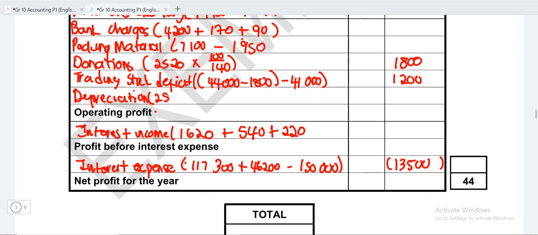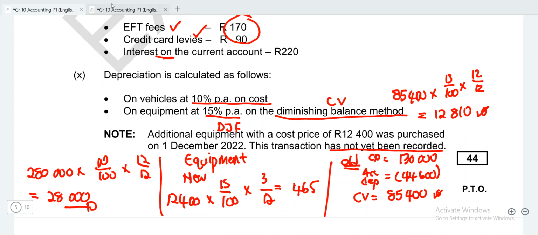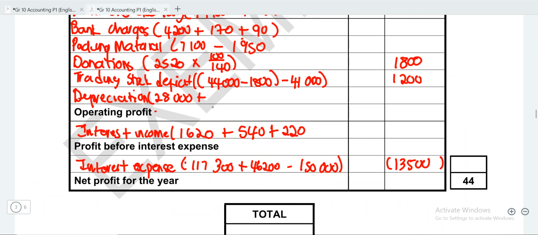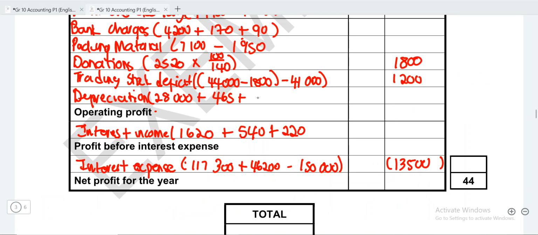So we'd say 28,000 plus the next amount that we got, 465, and then also plus the amount that we have here, 12,810. Then we just have to do our totals and close this off.